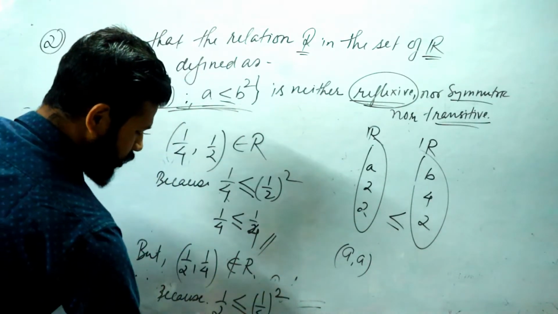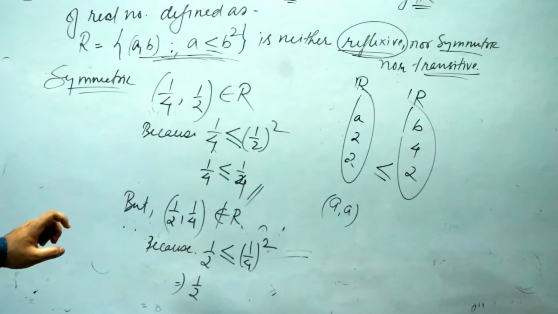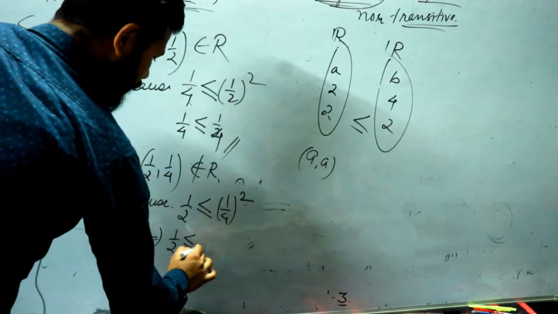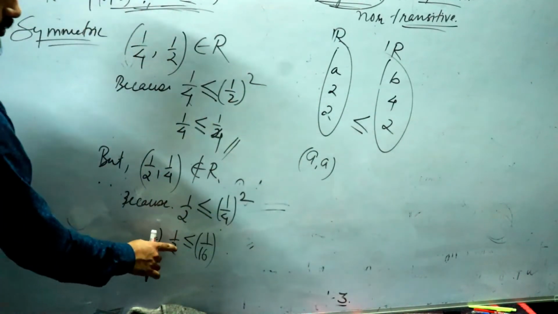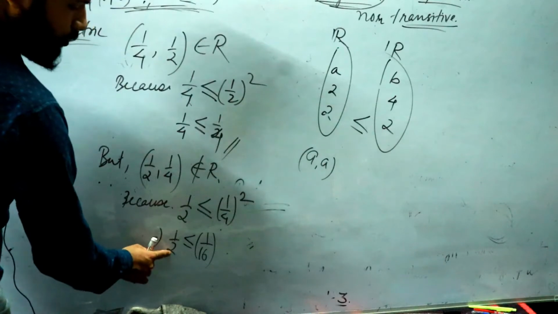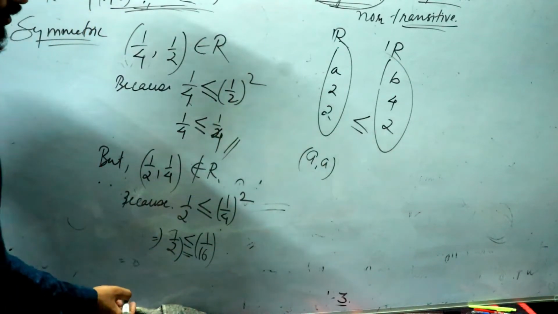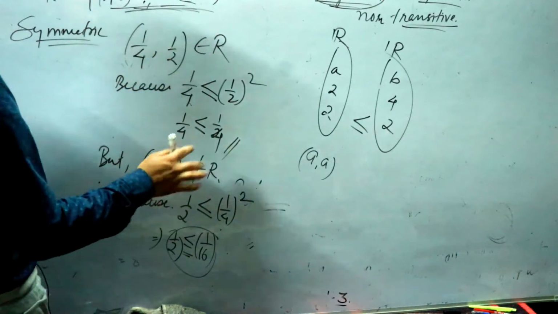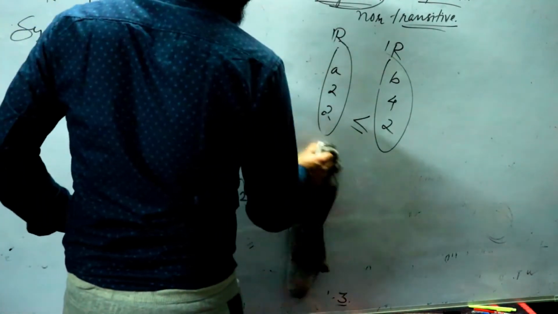The result of (1/4) squared is 1/16, and 1/16 is not bigger than 1/2. It is very, very small compared to 1/2, and neither is it equal. So we can say that A comma B belongs to the relation, but B comma A does not belong to the relation.